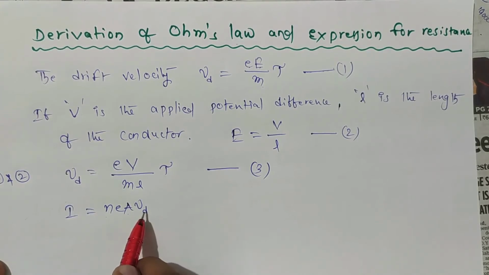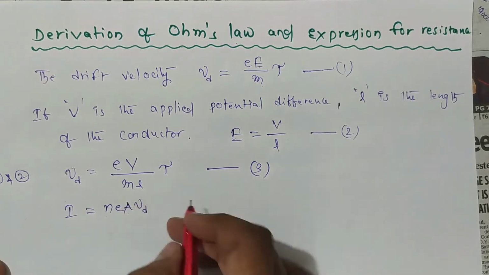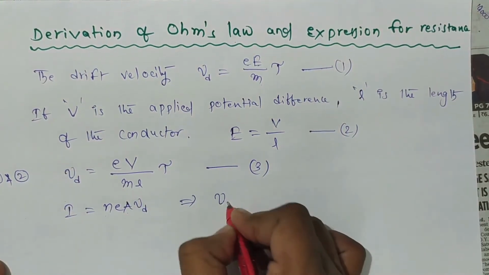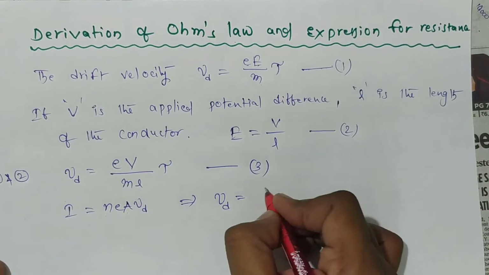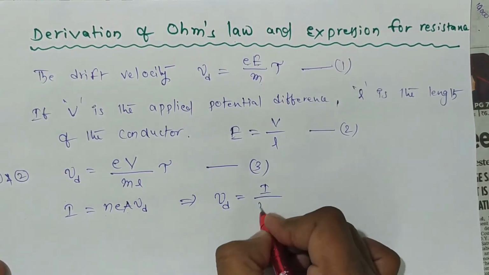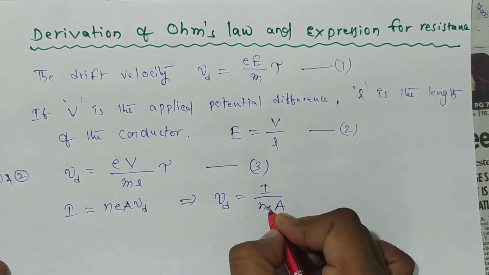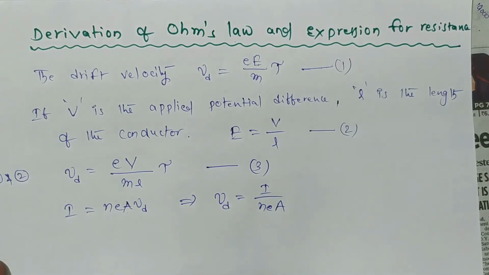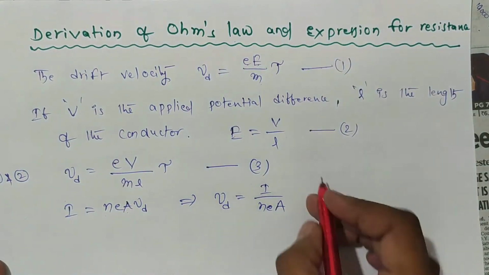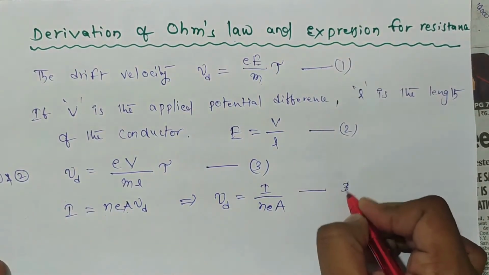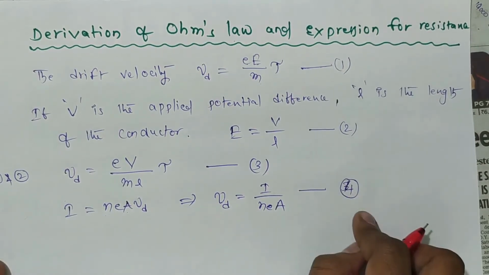From this expression I can write Vd is equal to I by n e A. Let us consider this as equation 4.